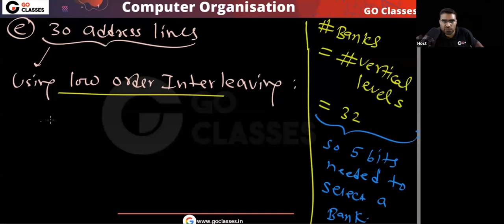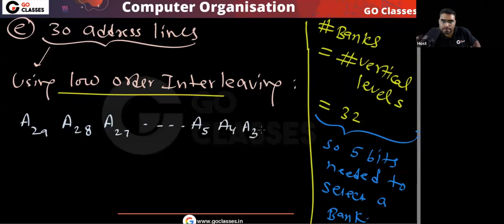Okay, in the low order, which bits will you use? There are a total of 30 address lines. In low order interleaving, you need 5 bits to select a bank, so these bits will be chosen. Yes or no? These bits will be used. This is what the question is asking.